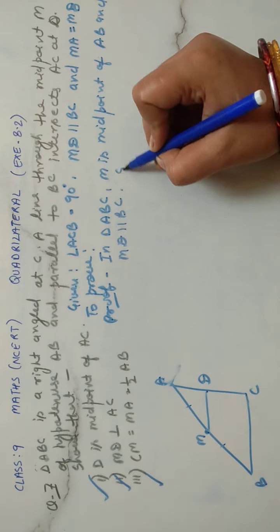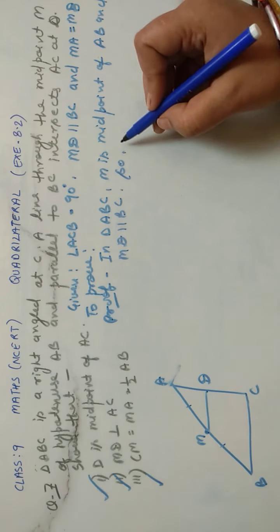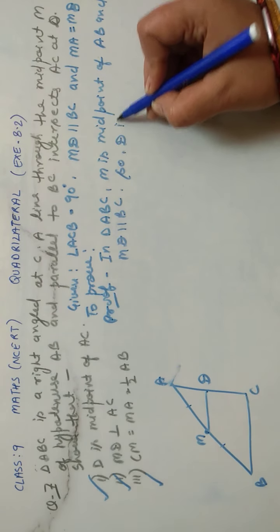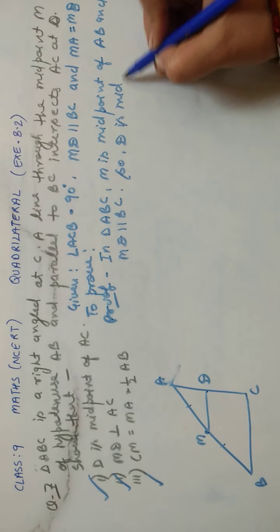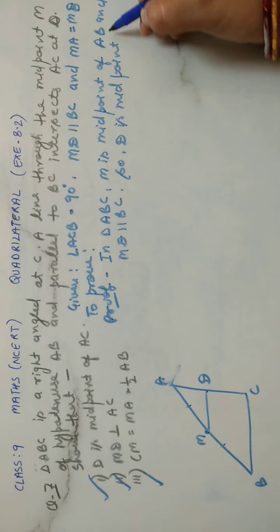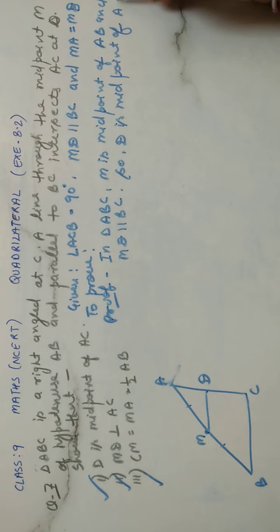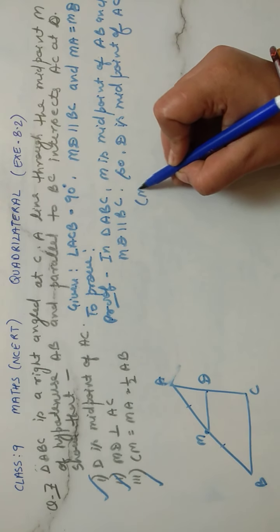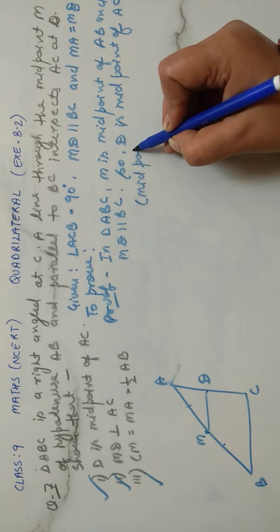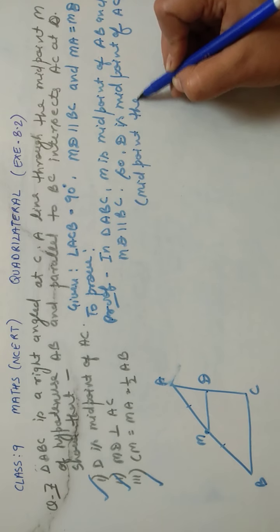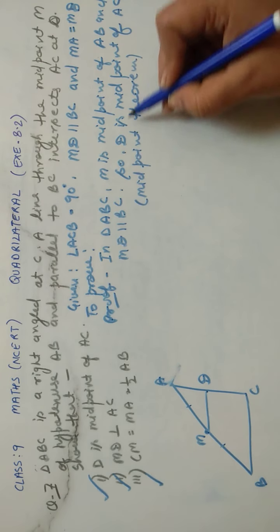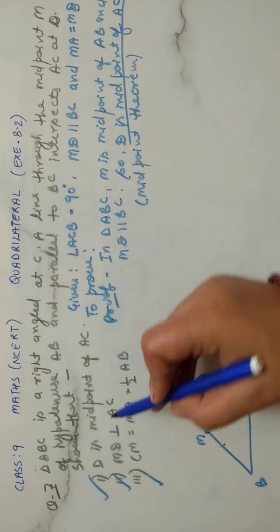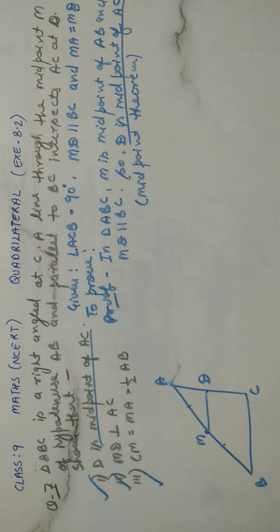Okay, so what you can say, D is midpoint of AC, and what reason will you give? By midpoint theorem. So by midpoint theorem, D is the midpoint of AC. So first point we have proved.